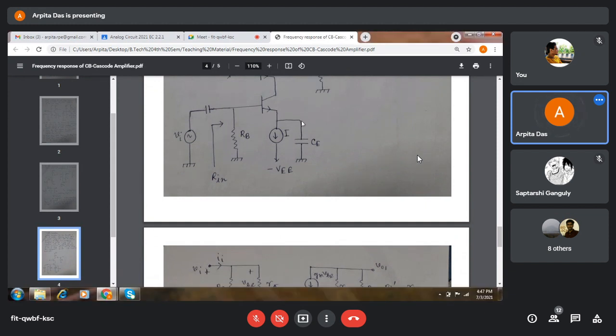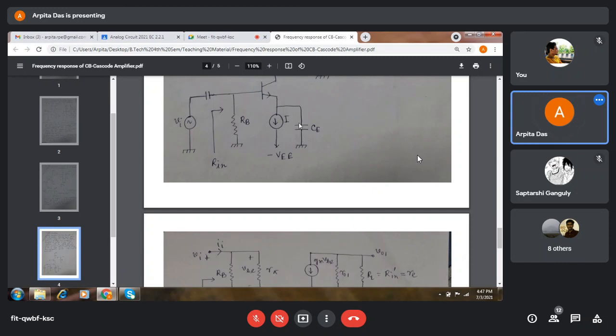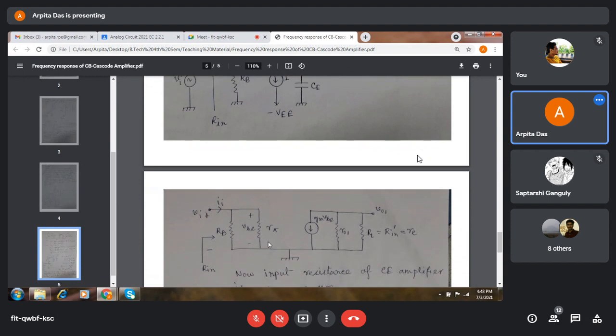Since the lower section amplifier is in CE configuration, and the emitter is directly grounded by the bypass or emitter capacitance, again we must use the hybrid pi model for AC analysis.